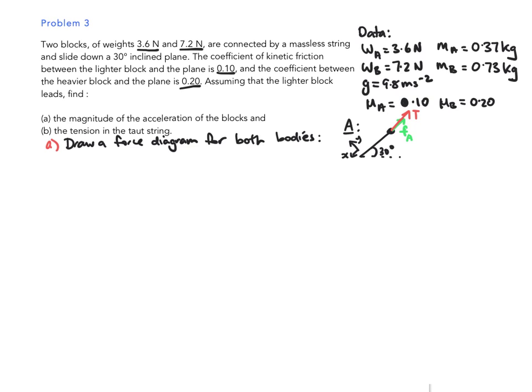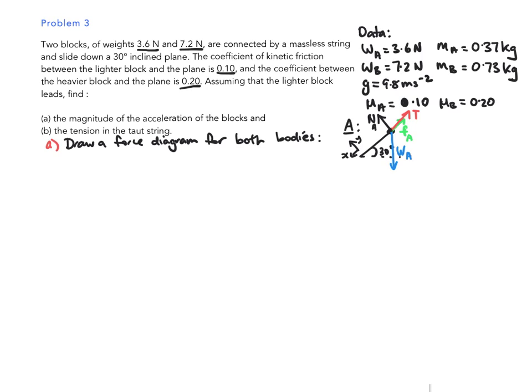And we're going to have the weight acting downwards, weight A. And, as always, the normal force going this way, which we'll call normal force A. I've left off the vector signs on these, but they are all vectors. It's just to make the diagram less confusing.